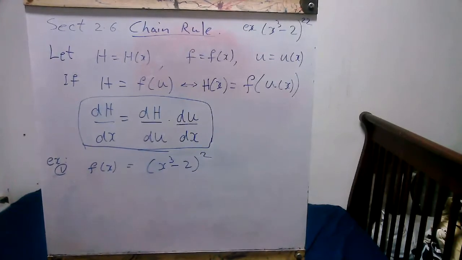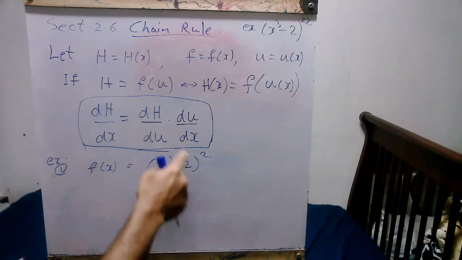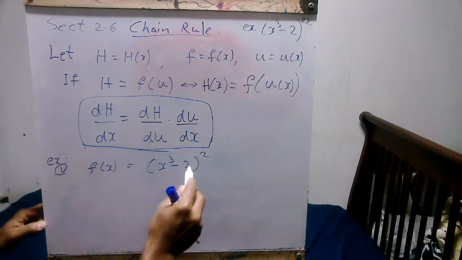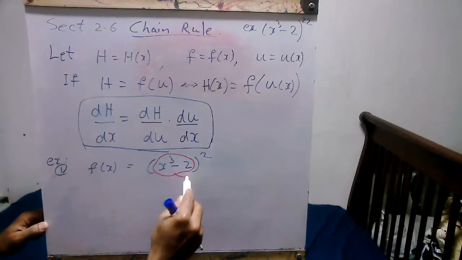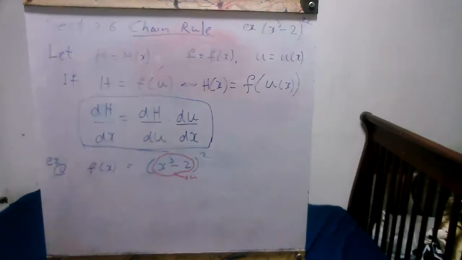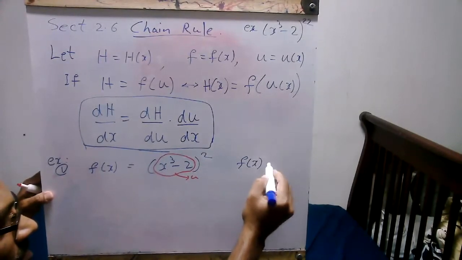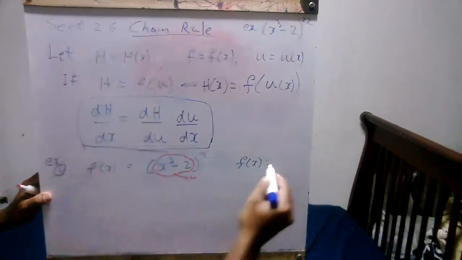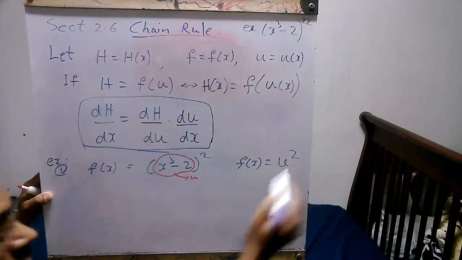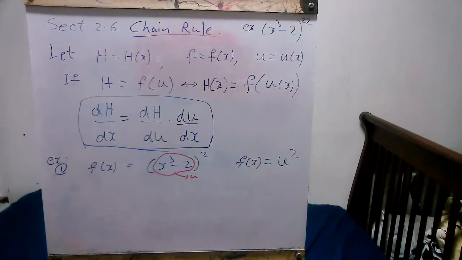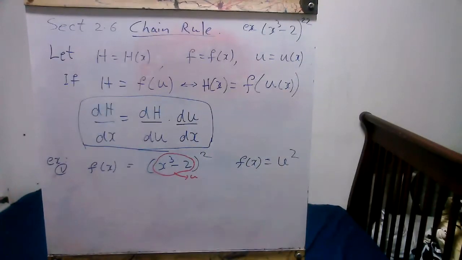Now this is how we apply chain rule. If you take this part as u, then you can say f of x equals u to the power 2. Get it? That means F is a function of u now.